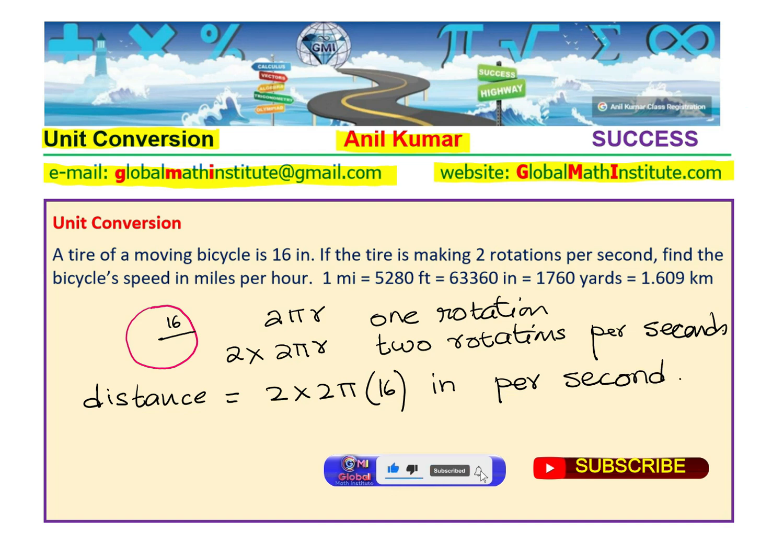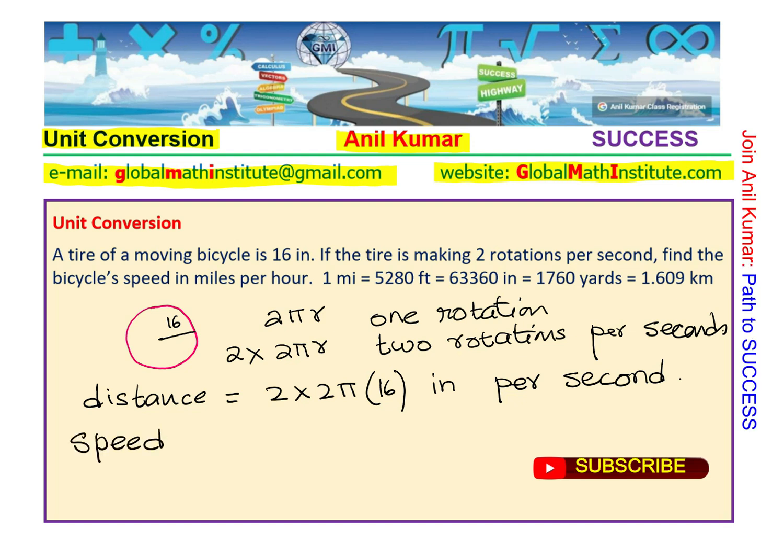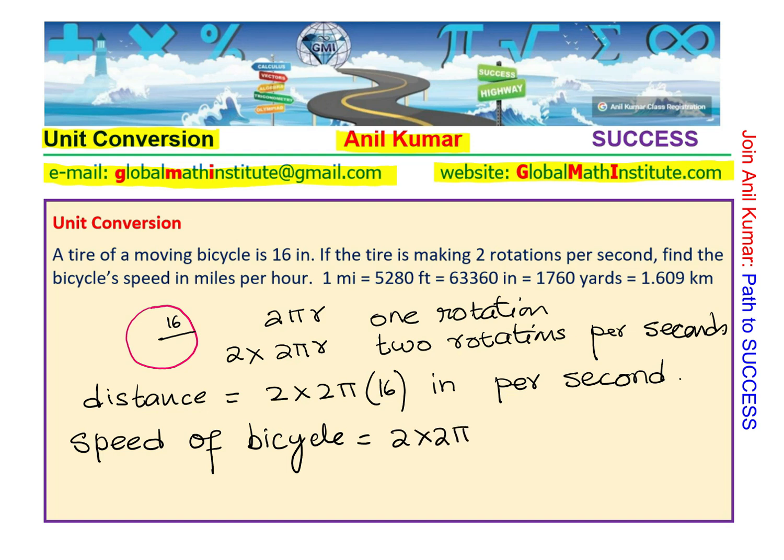Now, distance per second is the speed. So the speed of the cycle is 2 into 2 pi times 16 inch per second. Makes sense, right? Let me multiply these numbers and rewrite. 16 times 2 is 32, and double of that is 64.